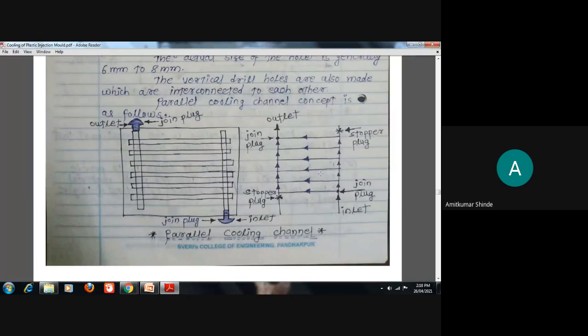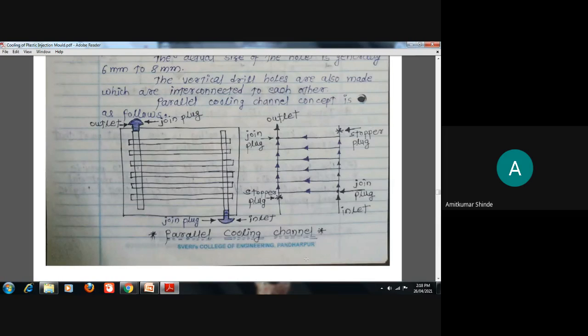These are different flow ways, horizontal or vertical. When you combine all the flowways, then a circuit will be formed. That circuit will be termed as the cooling circuit.